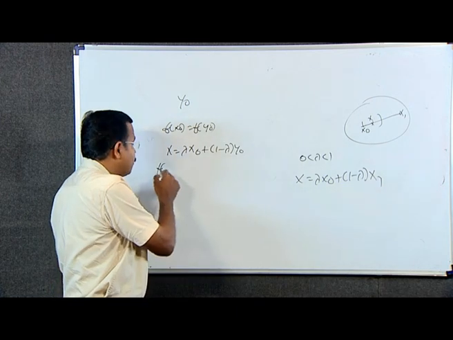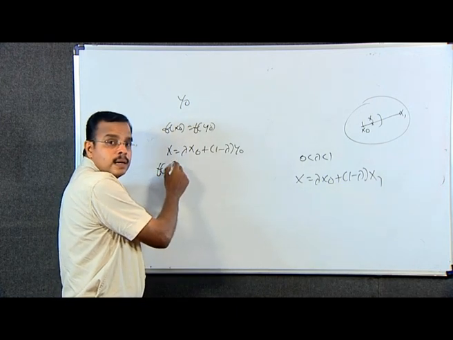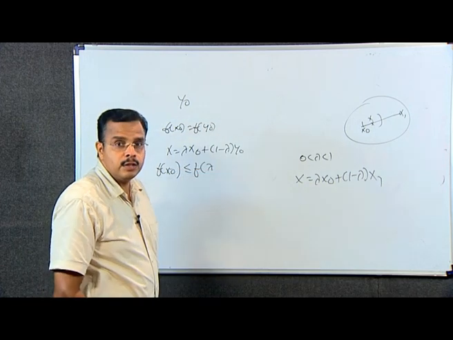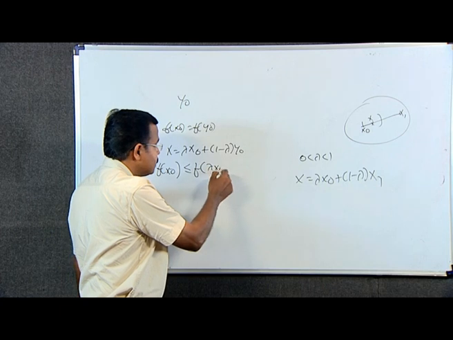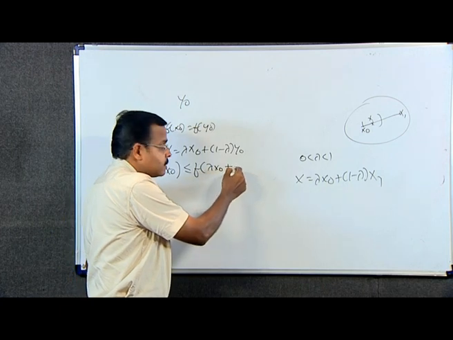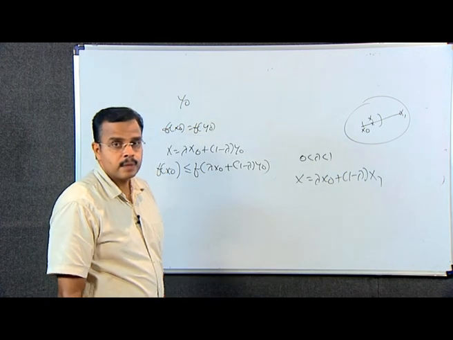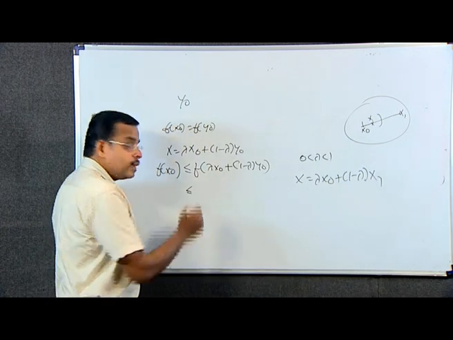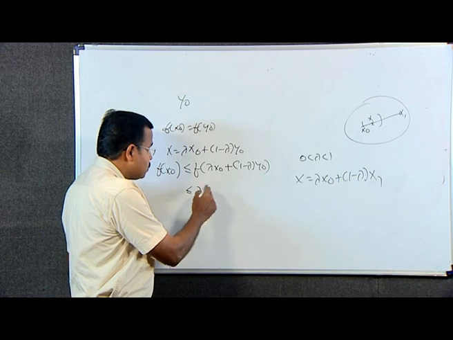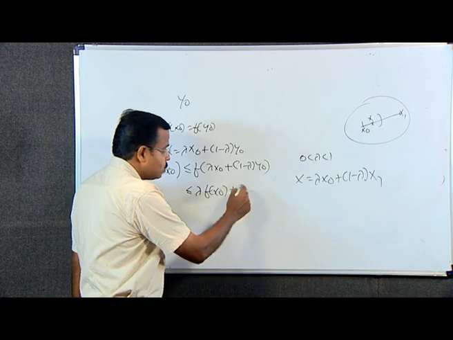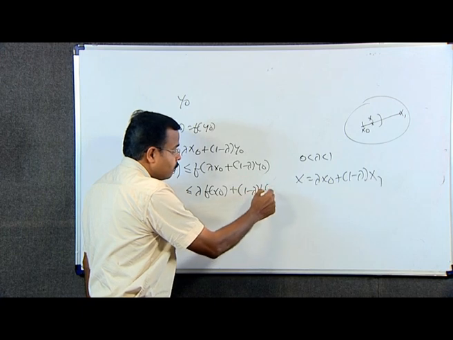Then f of x0 is less than or equal to f of lambda into x0 plus (1 minus lambda) into y0. That is less than or equal to lambda into f of x0 plus (1 minus lambda) into f of y0.